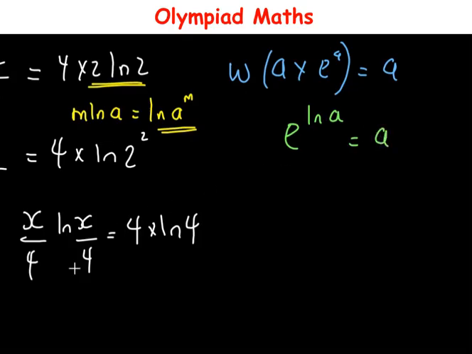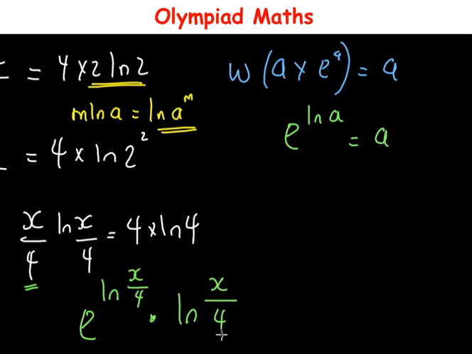So instead of writing x over 4, we're going to write e raised to power ln x over 4. We will still get x over 4, then times ln x over 4. This equals, also, instead of writing 4, we're going to write down e raised to power ln 4. You will still get 4, then times ln 4.